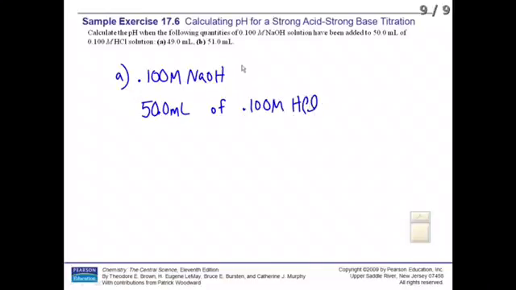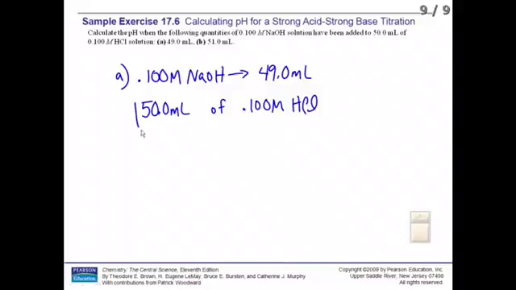We've got 0.100 molar NaOH, and we're always working with the 50.0 mL of 0.100 molar HCl. For part A, the quantity of this guy is 49.0 mL. And so we've got to figure out if there's anything left over, and if there is, what the concentration would be. Okay? Alright, pretty straightforward.